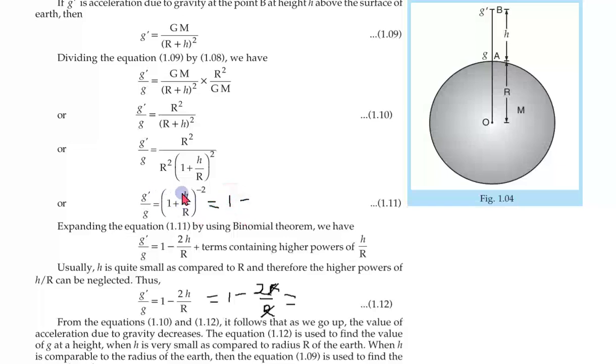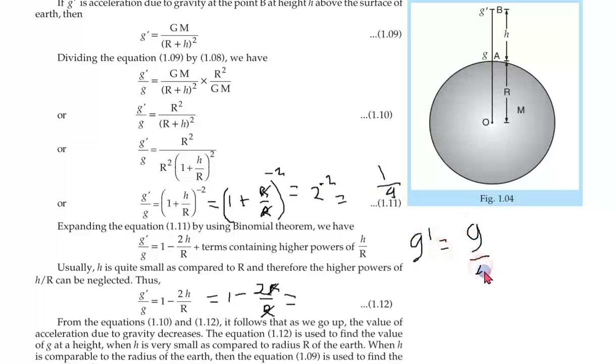1 minus h is equal to r, and r by r, cancel. 2 squared is 4, so 1 by 4. g dash equals g by 4.